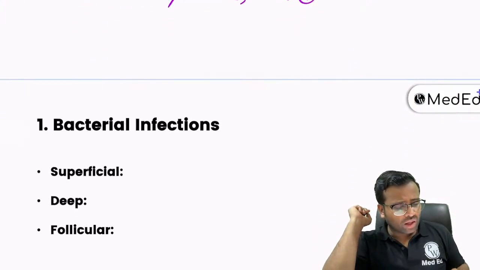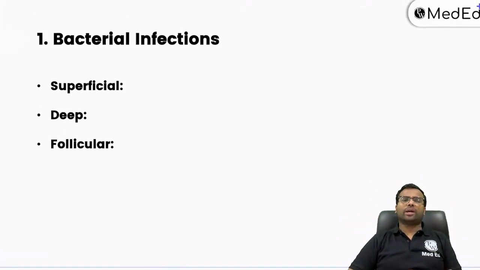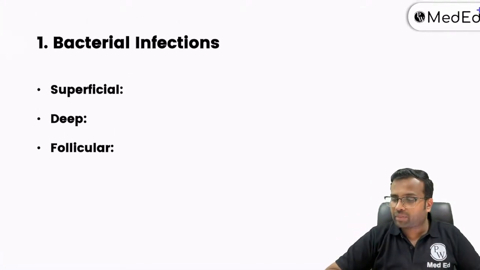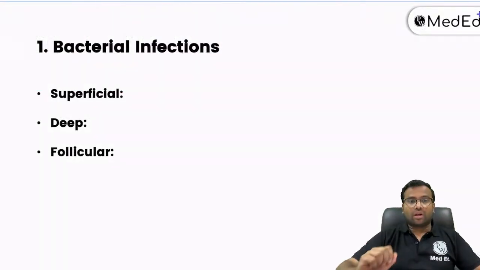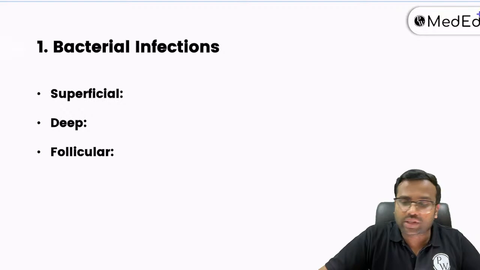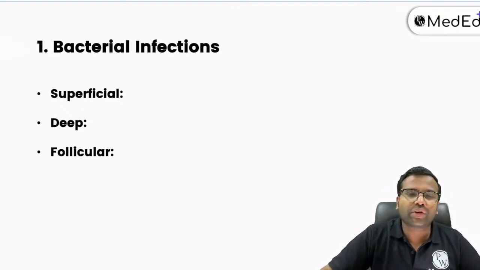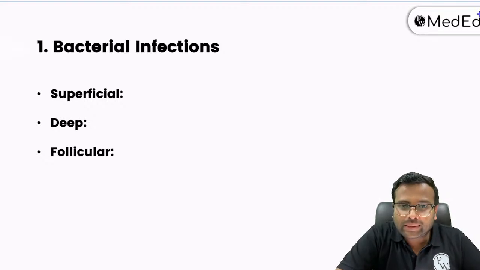Now, when I talk about bacterial infections, it is easy if we can break down a few things in our mind. What are the common superficial bacterial infections? Any idea what the superficial infections caused by bacteria could be?